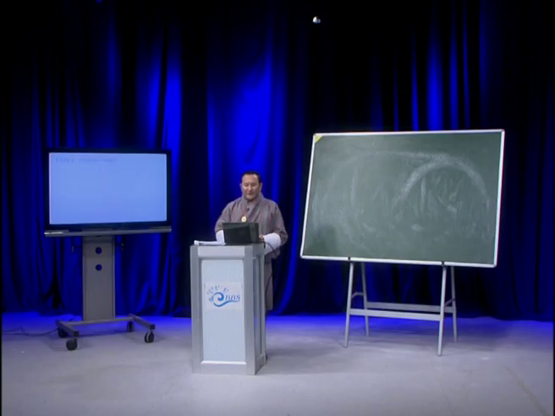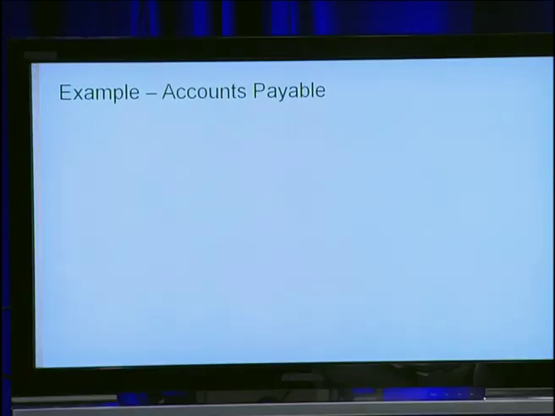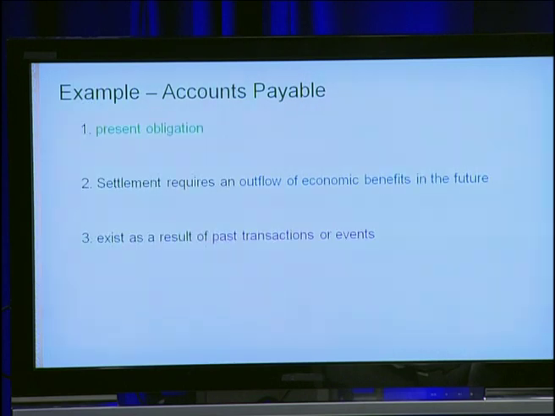Okay, now the next we are going to look at is the examples of liabilities. The example of liabilities I have just got here is accounts payable. Let us look at how accounts payable qualifies to become a liability. Accounts payable qualifies to become a liability because there is a present obligation, and at the same time the settlement requires an outflow of economic benefits in the future.